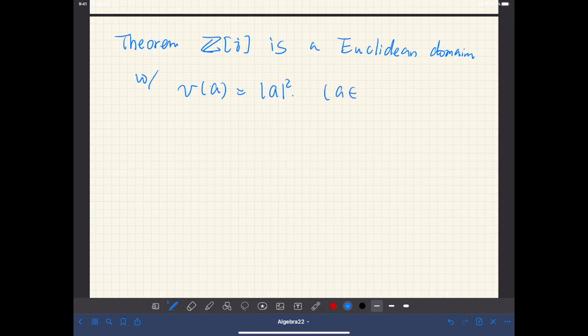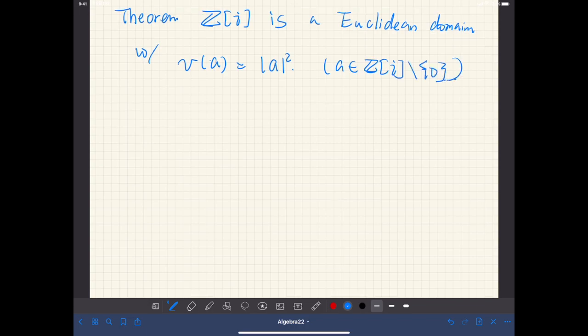Of course, a is an element of Z of I except for 0. Now let's prove this. What we need to prove is the two properties which this mapping V must satisfy.